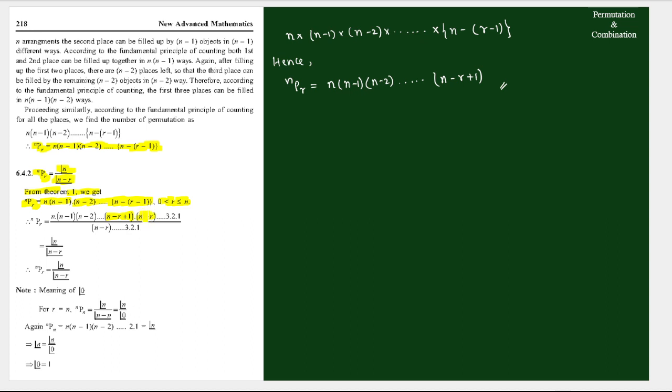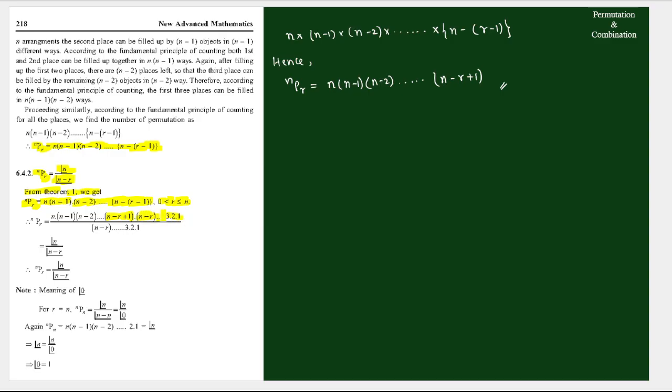And in order to get factorial n, it will go on decreasing up to 1, but here it ended at n minus r plus 1. So what we did is we go on adding this extra part, n minus r, multiplied going on up to 1.